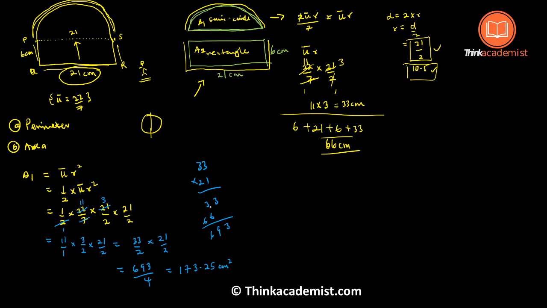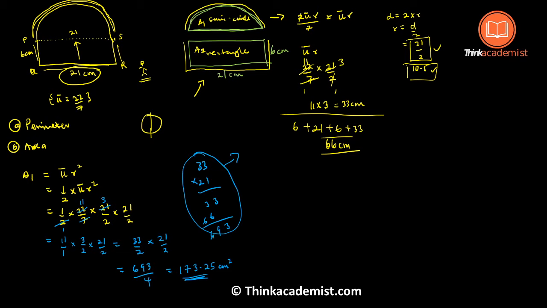Let me go back and do the calculation again. 3 times 1 will give us 3, that's 33. This will give us 6, and then this will also give us 6. This will be 3, 9, 6. Oh, it's 21, we are multiplying by 21. But this calculation is not really important; it's the final answer I'm concerned about.